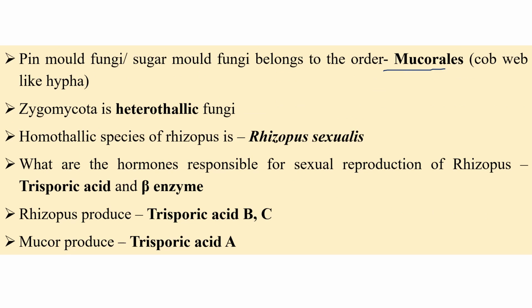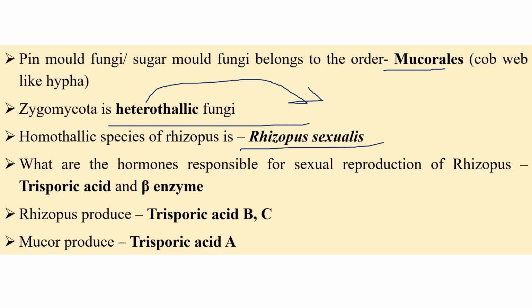Zygomycota is generally heterothallic, and homothallic species are also there, as you know very well. The phenomenon of heterothallism was first reported by A. F. Blakeslee in 1904 in the fungus Mucor mucedo, and in later days it was also observed in Rhizopus. Generally, the majority of Zygomycota are heterothallic, and a few homothallic species are also there. One of them is Rhizopus sexualis, which is a homothallic fungus.